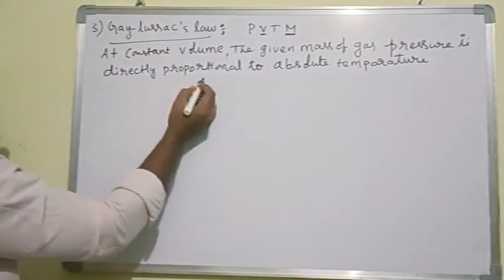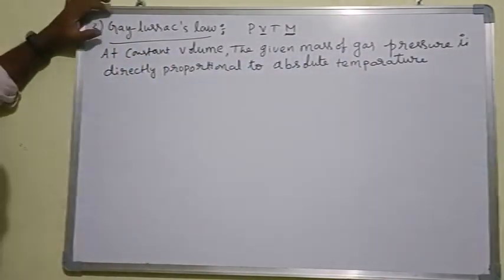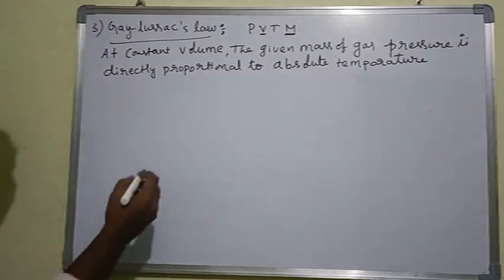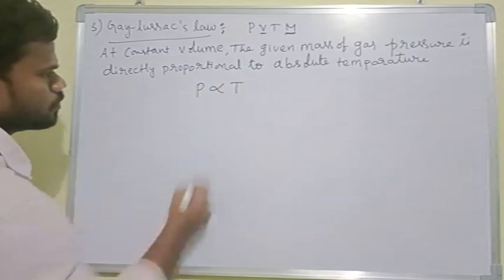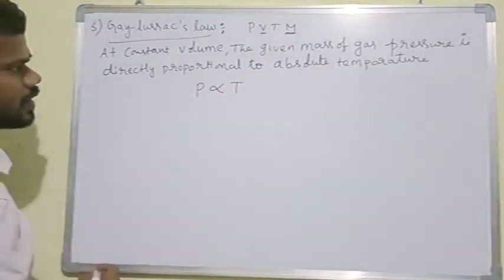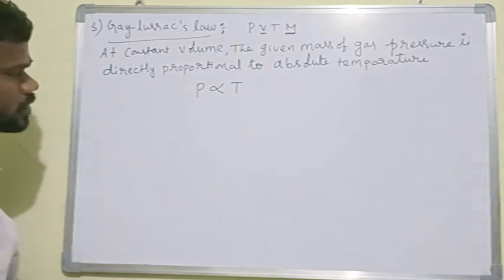Pressure is directly proportional to absolute temperature. So at constant volume, for the given mass of gas, pressure is directly proportional to absolute temperature. So P is directly proportional to absolute temperature T, with volume and mass of gas kept constant.